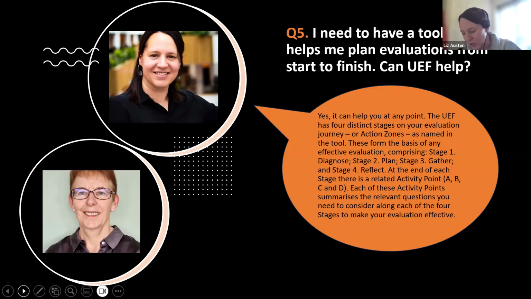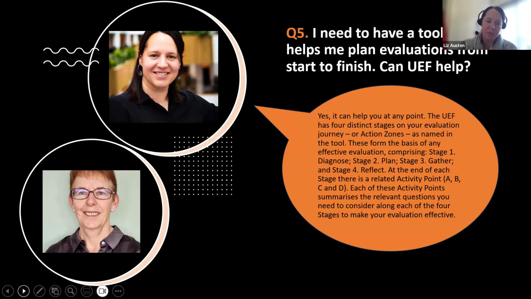These four stages take you through diagnose, which is the first stage, plan, which is the second stage, gather, which is the third stage, and reflect, which is the fourth stage. Throughout each of those stages, it will talk to you about the different components of evaluation that we think might be useful to consider, and certain activity points along the way.